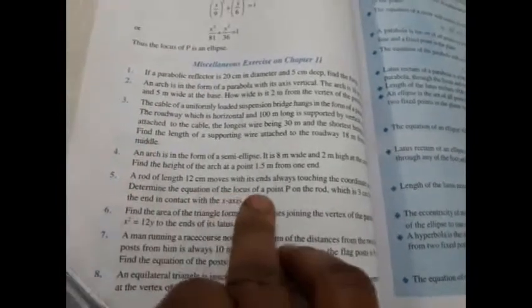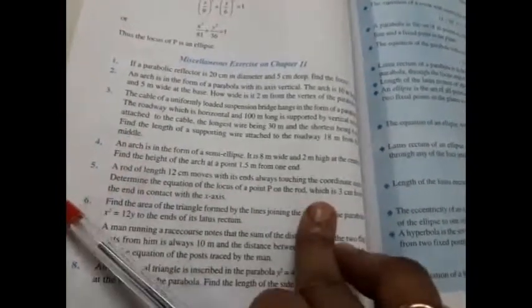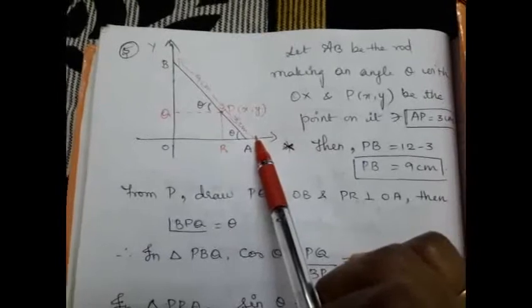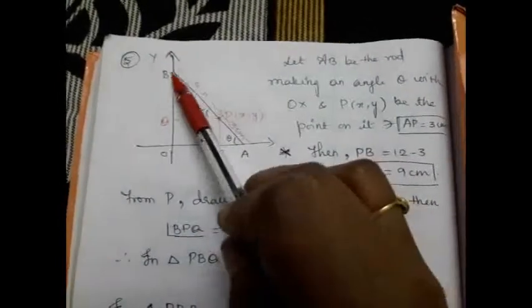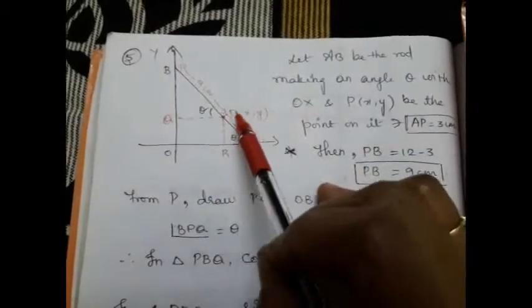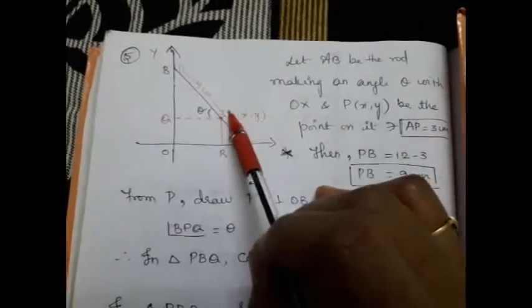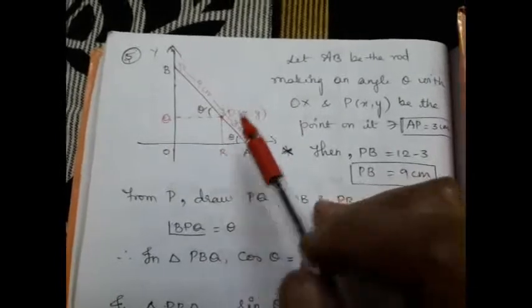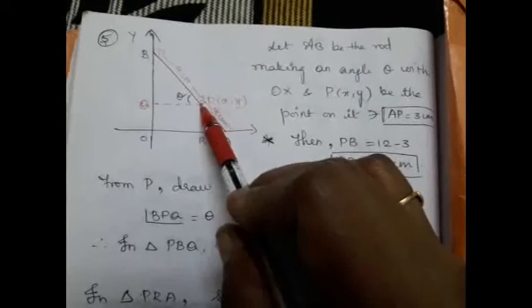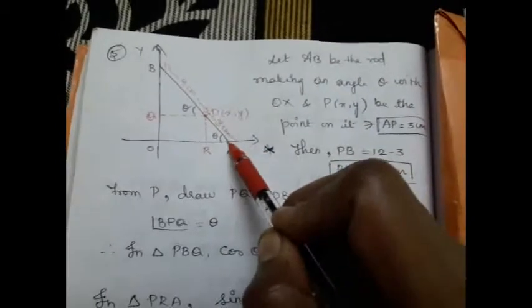Determine the equation of the locus of a point P on the rod, which is 3 centimeter from the end in contact with the x-axis.